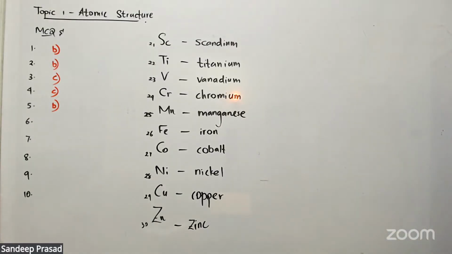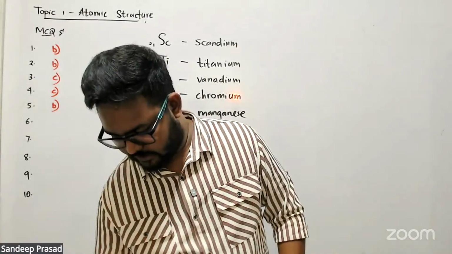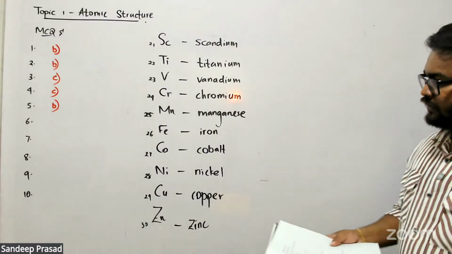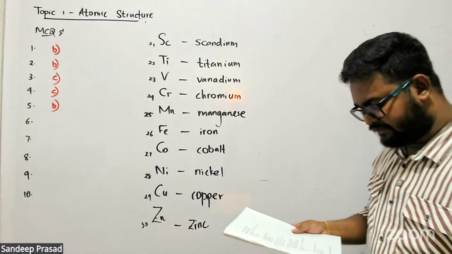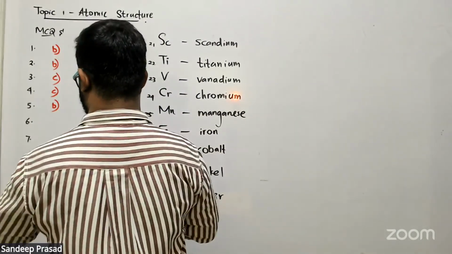Okay. Right. Now you know the first 20, first 30 elements in the periodic table. Okay. Right. Okay. Now question number 6. The element with atomic number 12 is, it is magnesium. So therefore answer is B.